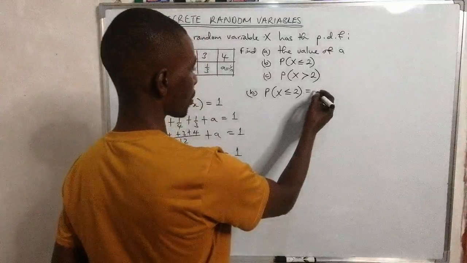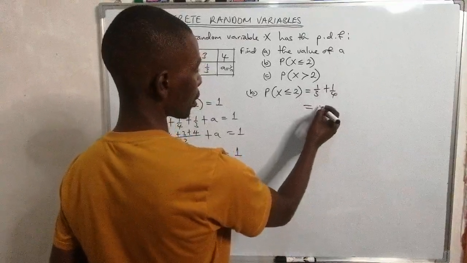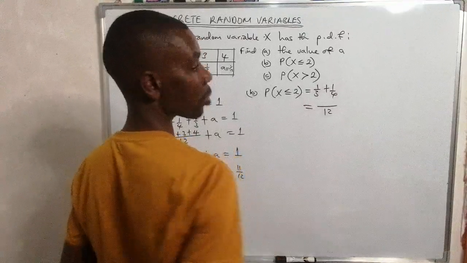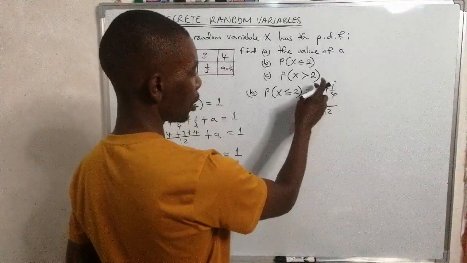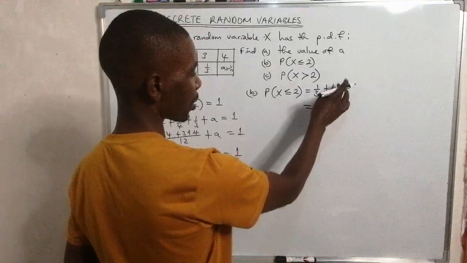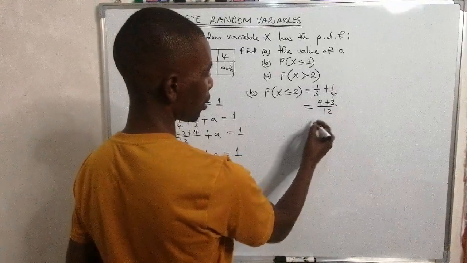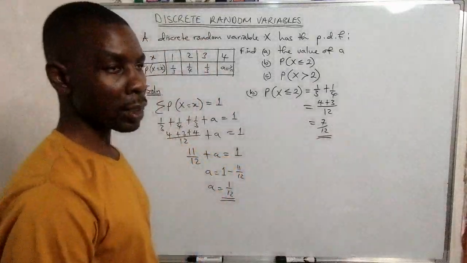The common denominator is 12. 3 goes 4 times into 12, that's 4, plus 4 into 12 is 3 times, that's 3, which is 7 over 12. That will be our final answer.